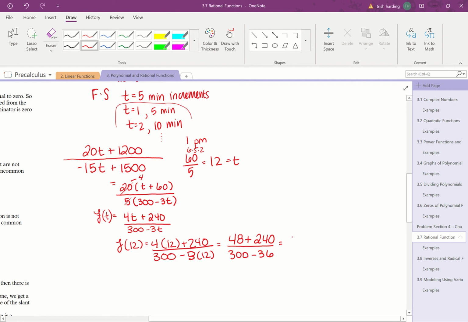And that gives us 288 over 300 minus 36, which is 264. And then, of course, you can simplify. So it looks like we have slightly more freshmen.